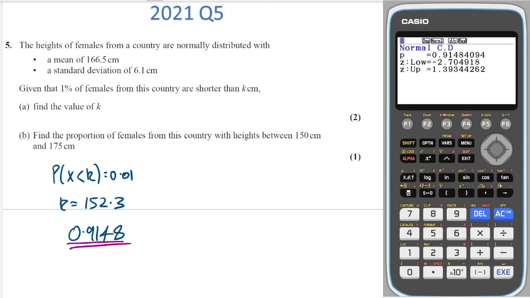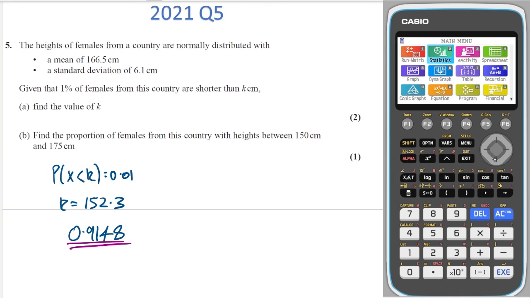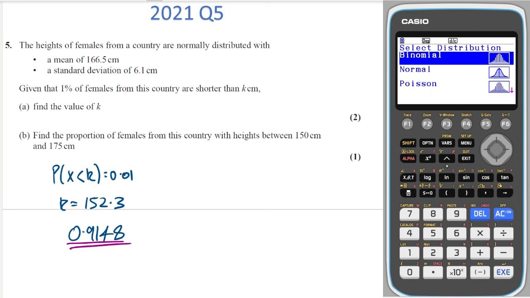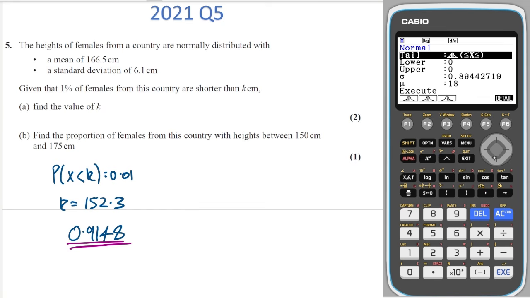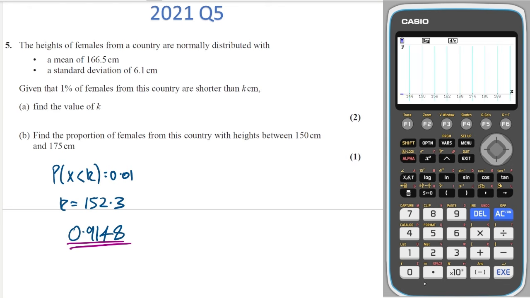Now again, out of preference, you can do that in the distribution function as well. You can press normal, and you can do the in-between tail, with the lower being 150, the upper being 175, the standard deviation being 6.1, and the mean being 166.5.